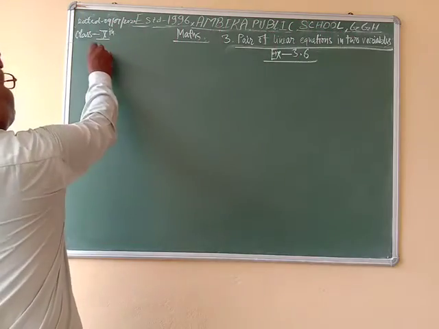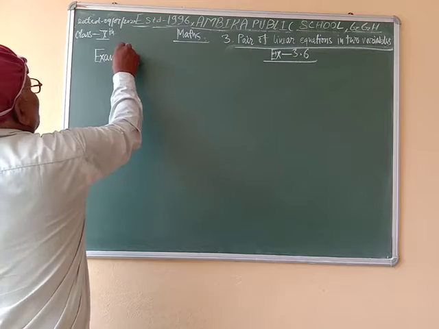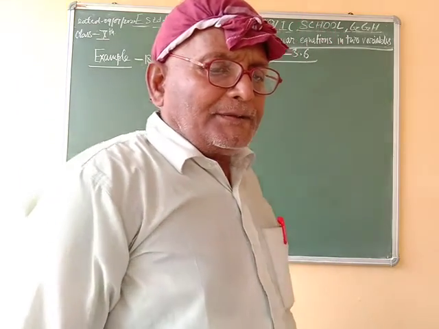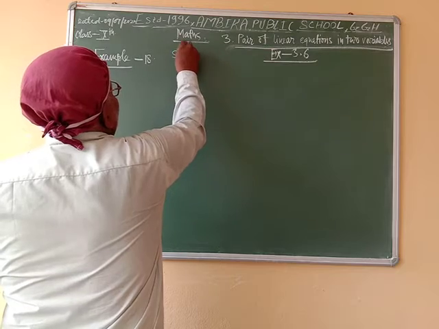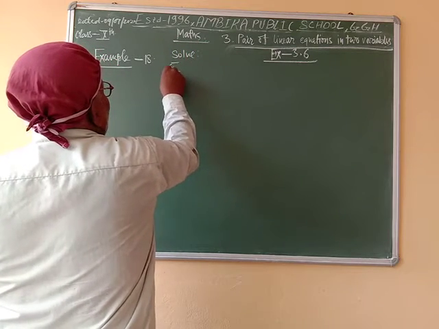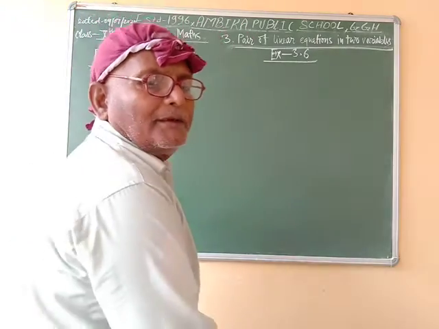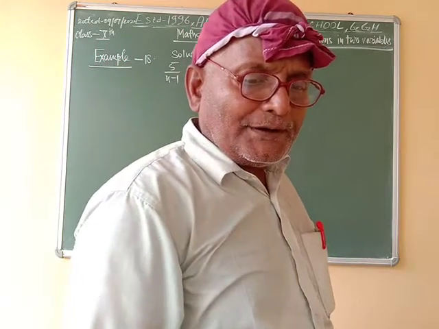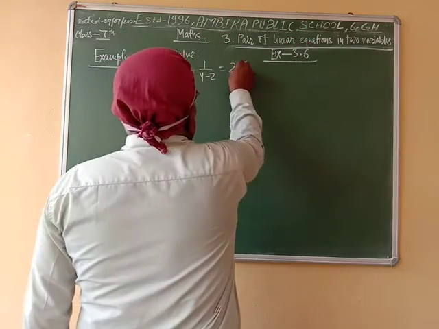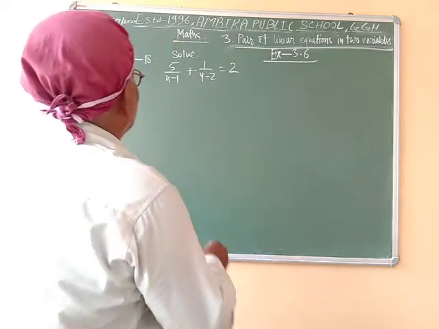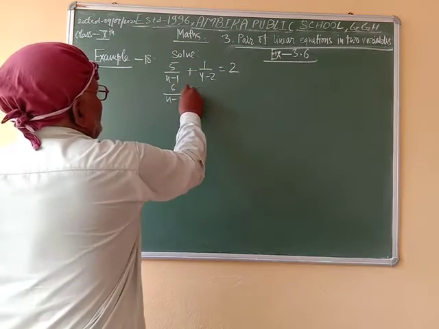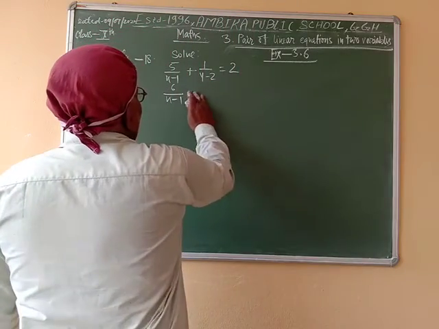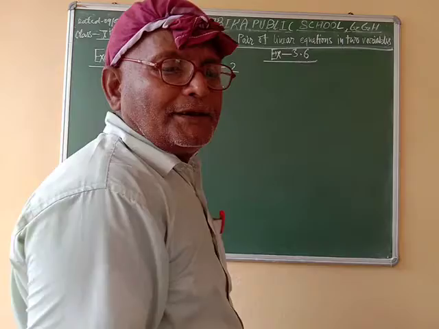Example 18. The equations are: 5 by x minus 1 plus 1 by y minus 2 is equal to 2, and 6 by x minus 1 minus 3 by y minus 2 is equal to 1.